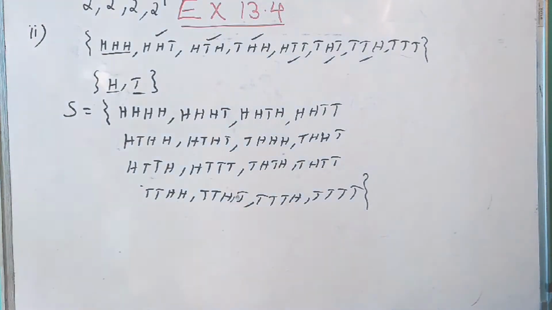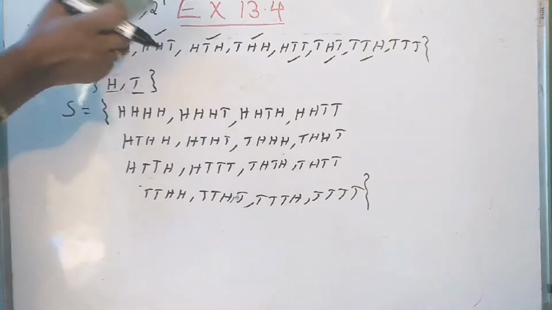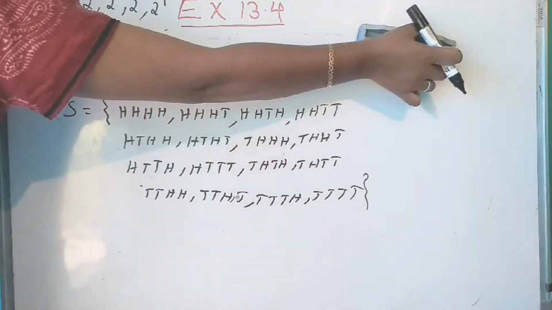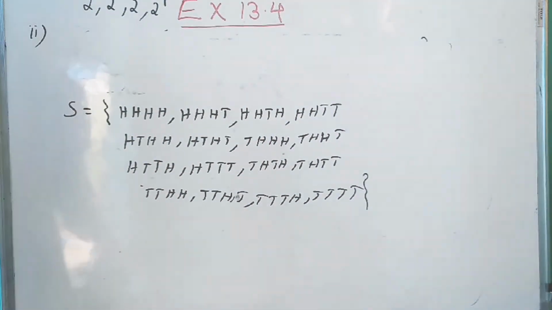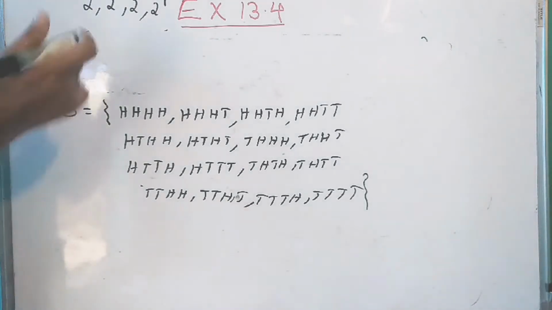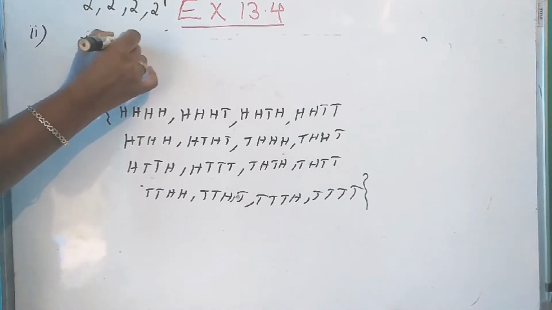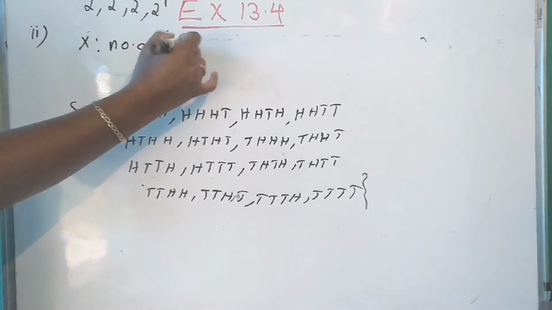Now, in this case, the random variable capital X is the number of heads.